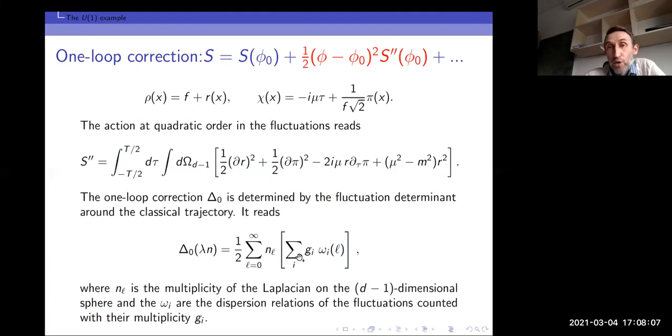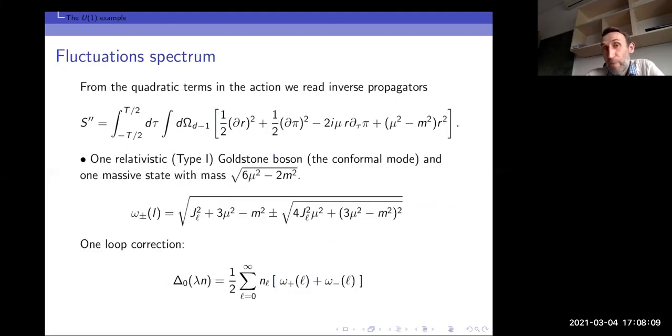In our case of the U(1) complex model, the fluctuation spectrum is very simple. You basically find the inverse propagators from this quadratic action for the two scalars R and pi. And you'll have one relativistic Gaussian boson, the so-called conformal mode, a type 1 massless Gaussian boson of the broken U(1) global symmetry, and one massive state with mass square root of 6 mu squared minus 2 m squared.